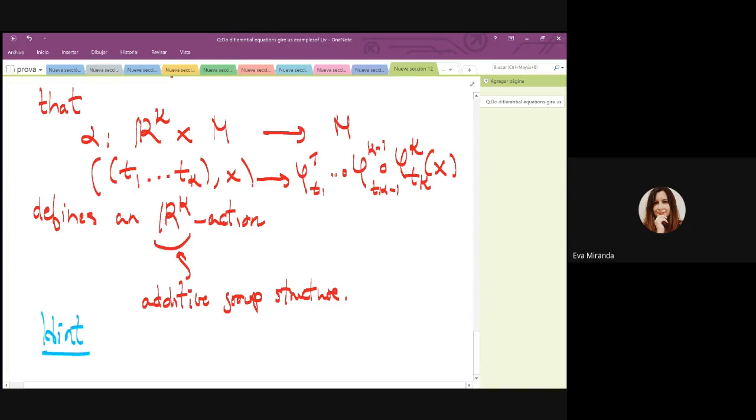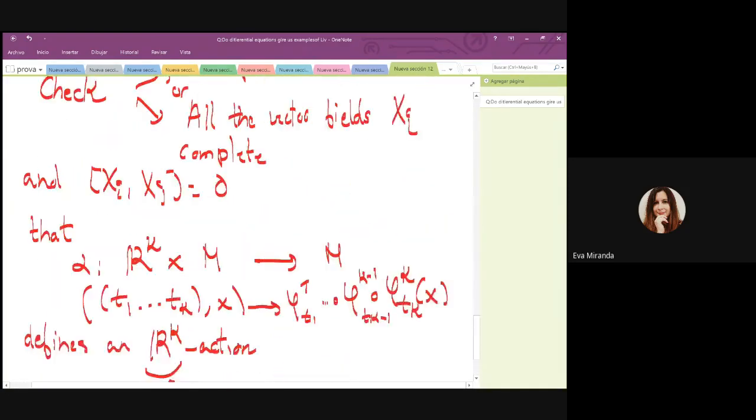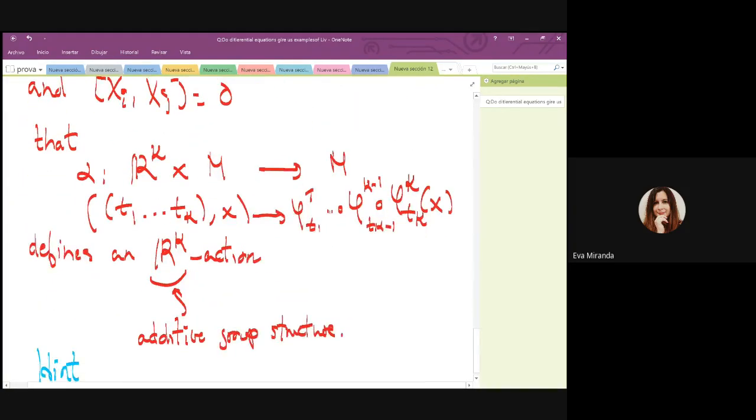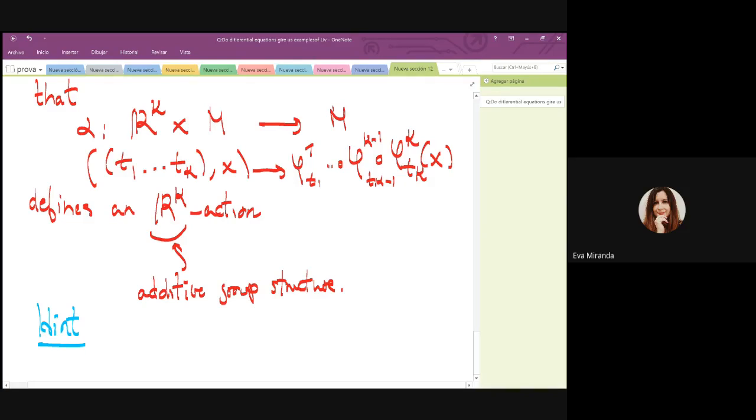But then when you have to check that the sum goes to the composition, then apply this property here of exchanging. So, well, my hint is just apply the condition of commutation of flows.